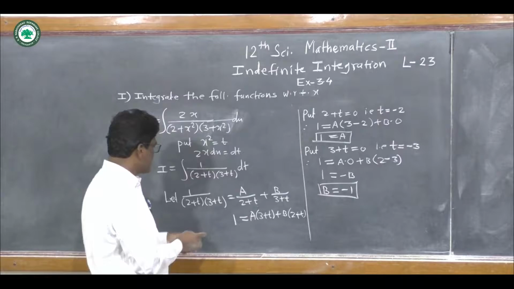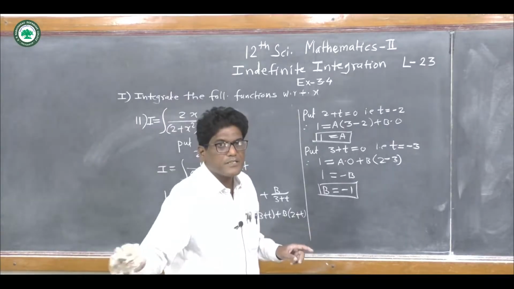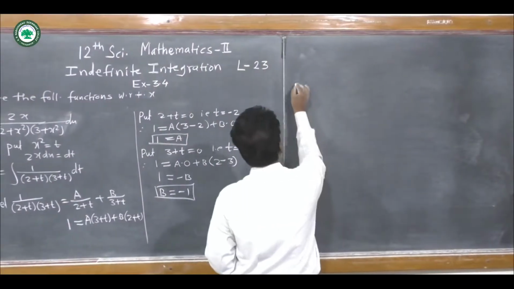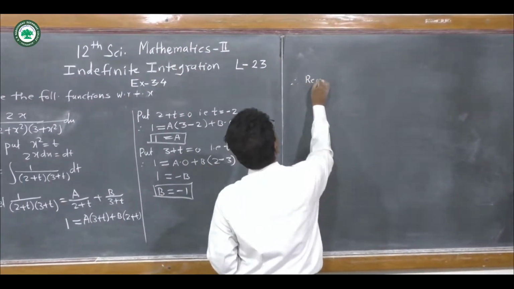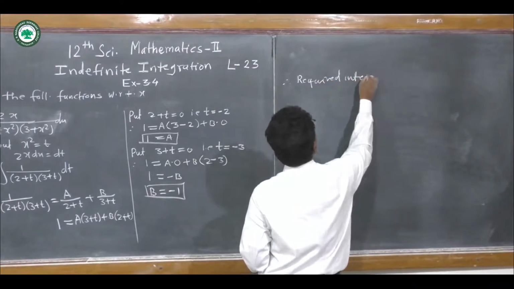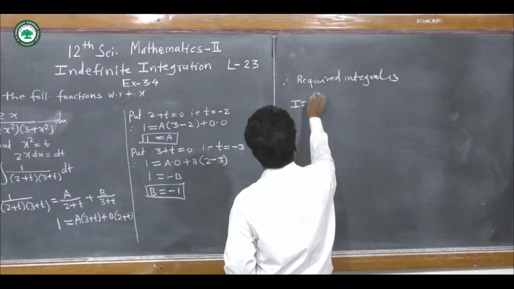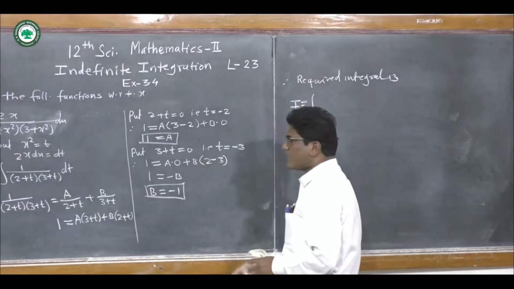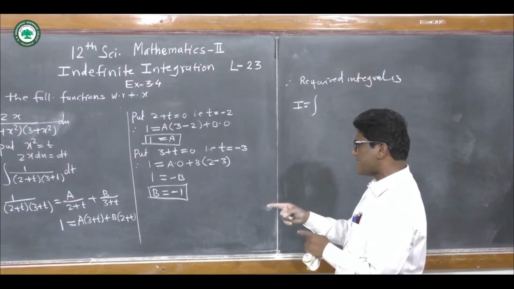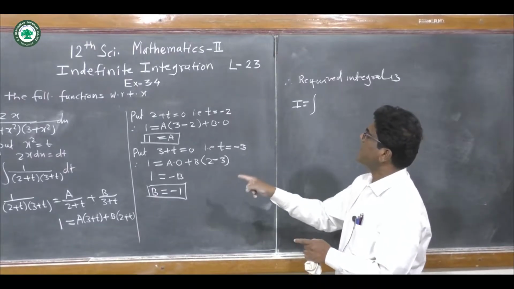So now the required integral becomes I is equal to the integration of 1 upon (2 plus t) into (3 plus t), which we replace as a upon (2 plus t) plus b upon (3 plus t), by putting the values of a and b.